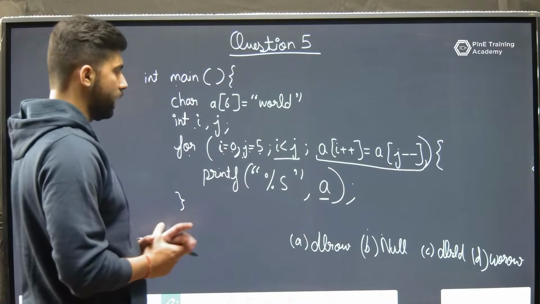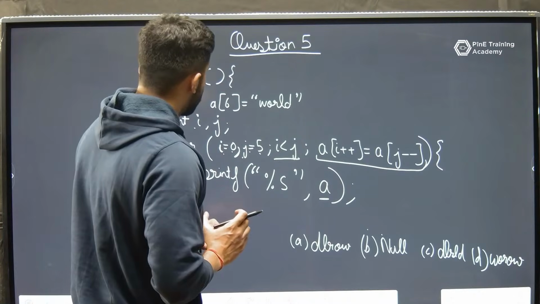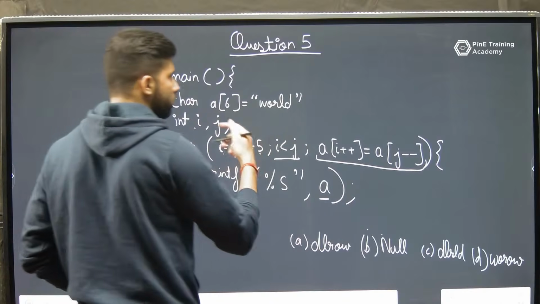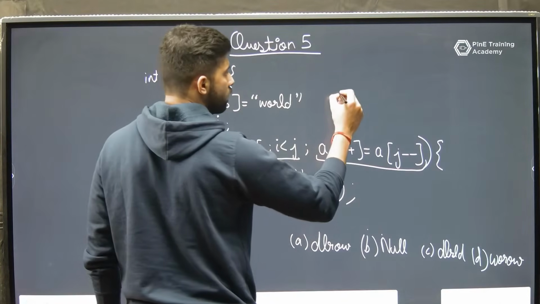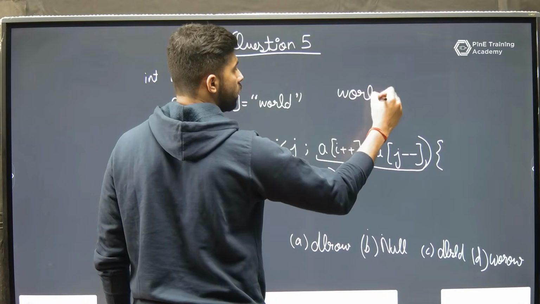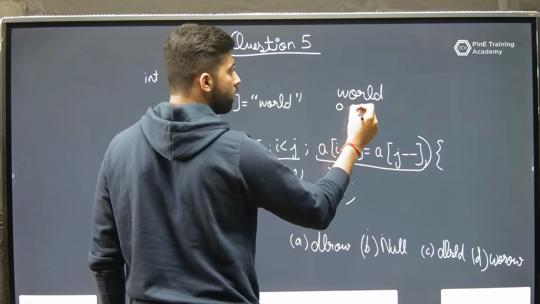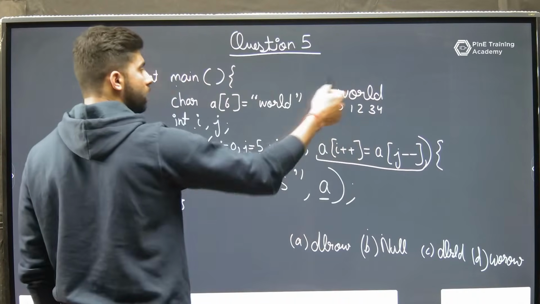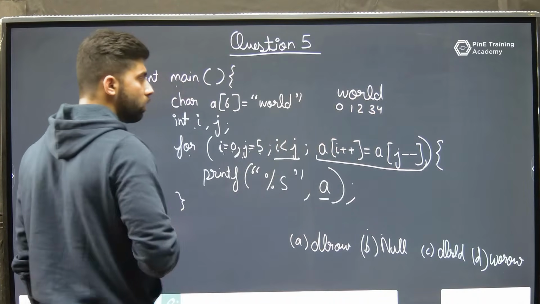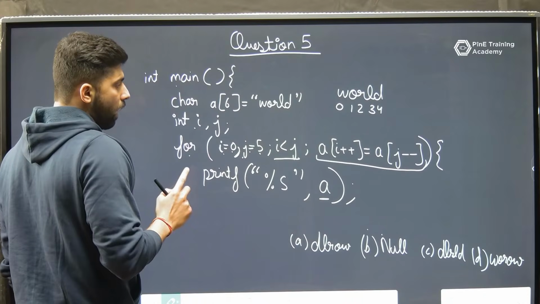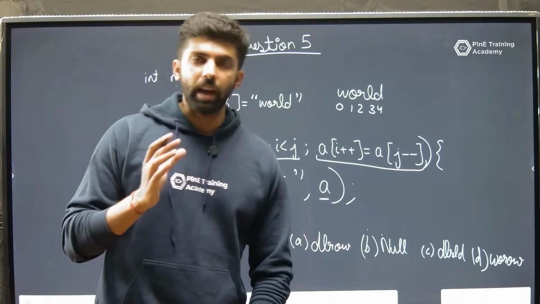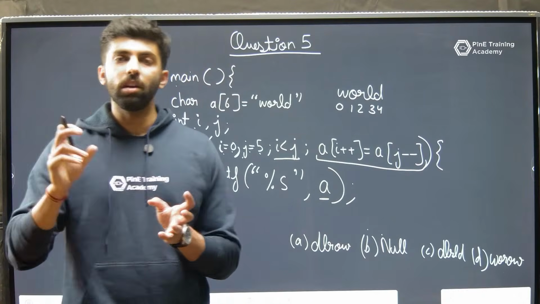Okay, so let's discuss now. I have this character array which has this string world. So world, which means 0, 1, 2, 3, 4. So the first index is 0 and the last index of the word is 4. And in case of character arrays, the last character is always a null character.